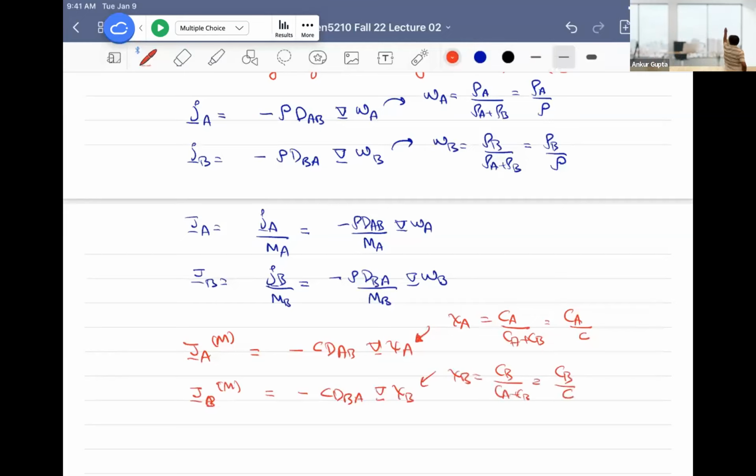I'm using a gradient in mole fraction here because these are the fluxes defined on the molar average velocity. If my fluxes are defined on the mass average velocity, I use a gradient in mass fractions.